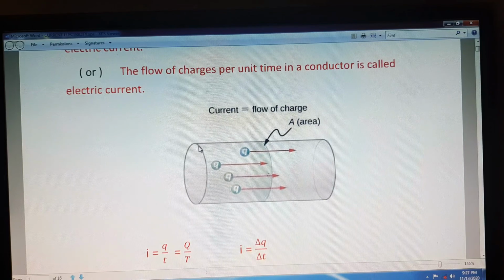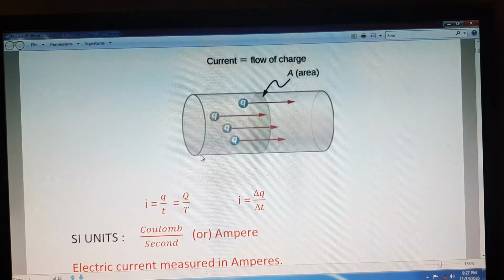The conductor's face is the area of cross section. So when electrons move from one point to another point in a conductor, it is called current in the conductor. So it is called a current carrying conductor.